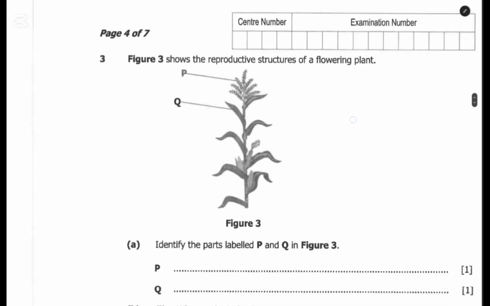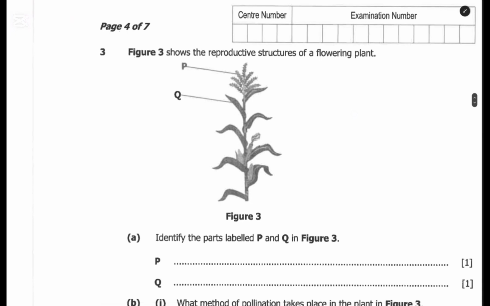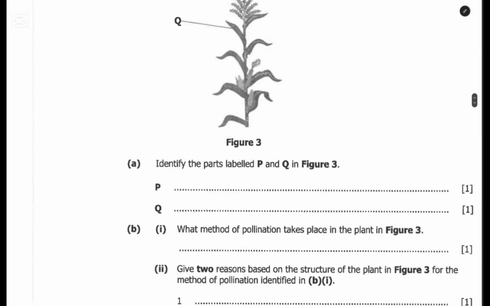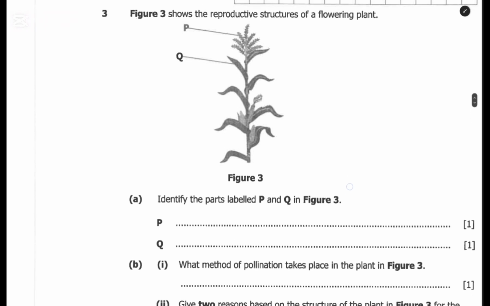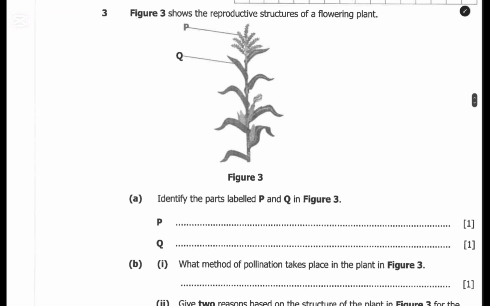So this question also is one of its kind that appeared for a first time. The phrasing is cool, and this is where some learners faced challenges. Now the question reads, Figure 3 shows reproductive structure of a flowering plant. A. Identify the part labeled P and Q in figure 3. So as you can see the figure 3, what are the parts labeled P and Q?